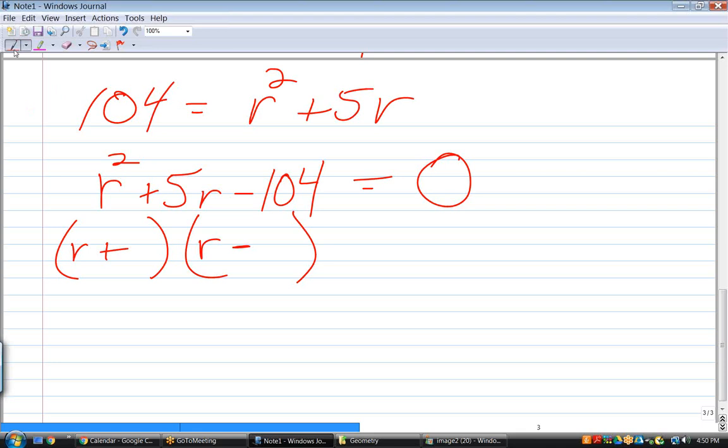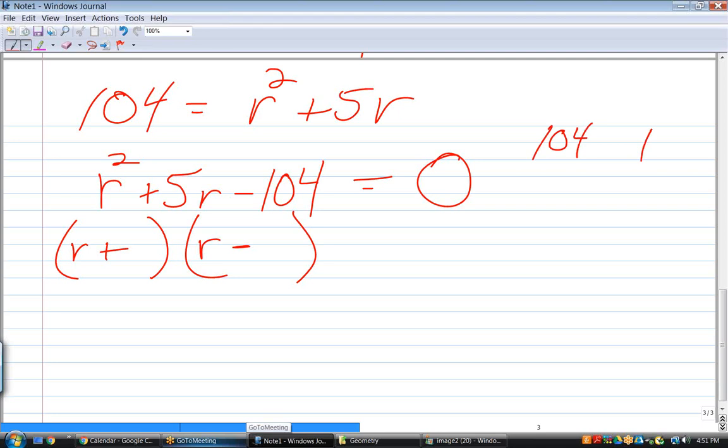So the way I'm going to factor this is I'm looking for factors of 104 that subtract, because of that negative sign, to the number 5. Hopefully we can find those. Let's figure out factors of 104.